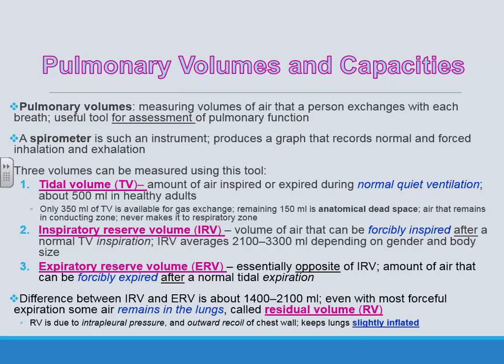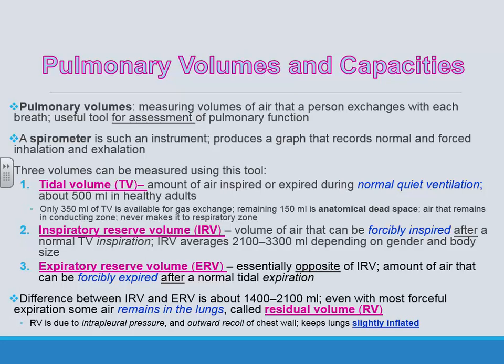The inspiratory reserve volume and the expiratory reserve volume, those are both the amount of air that can be forcibly inspired and forcibly expired after a normal tidal inspiration or expiration. So essentially it's opposite of each other.